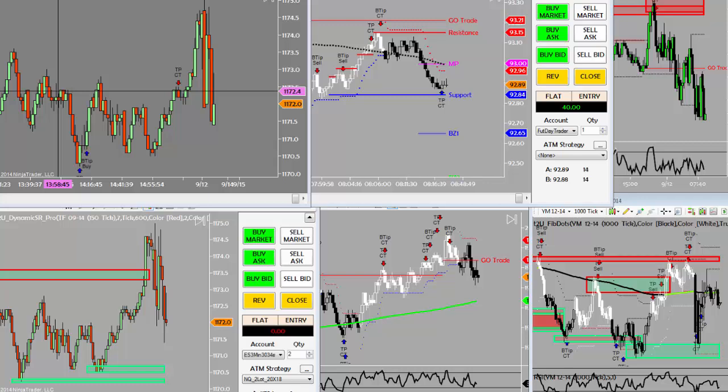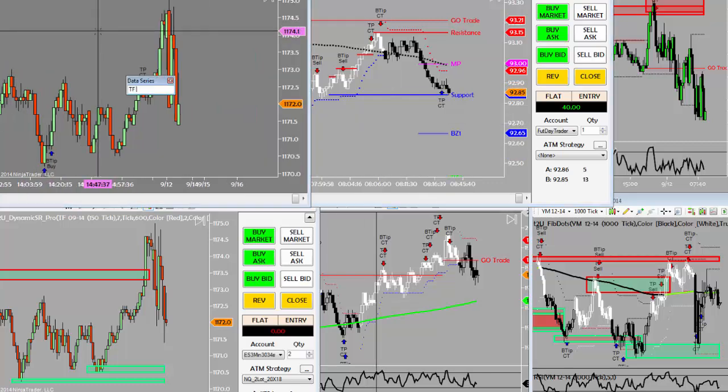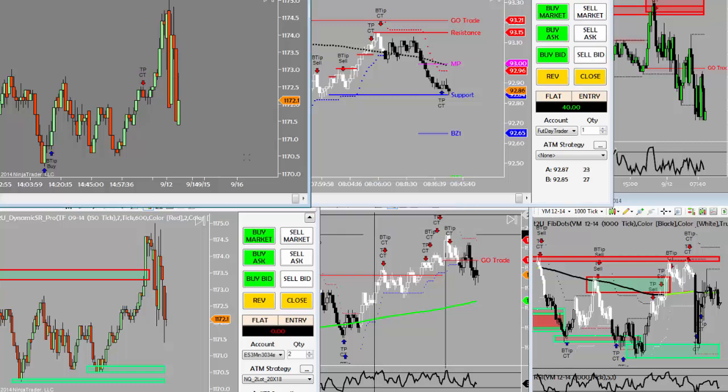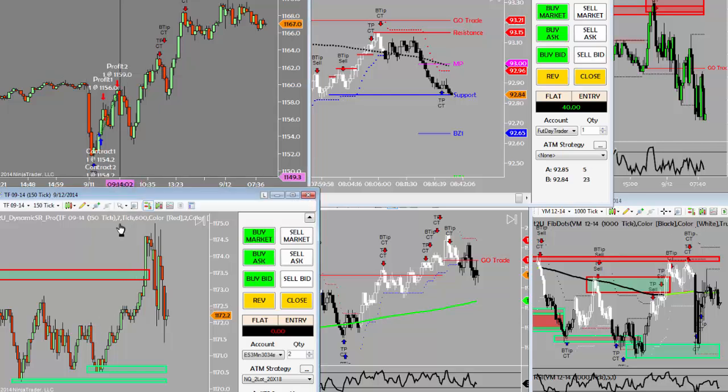Yeah, let me take a look at a couple of other things over here real quickly. TF, yeah, let me roll these to 1214, top left. And bottom left, let's take this to the December contract.